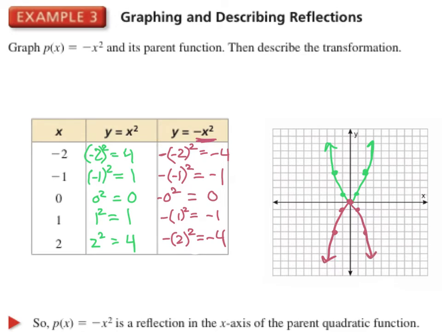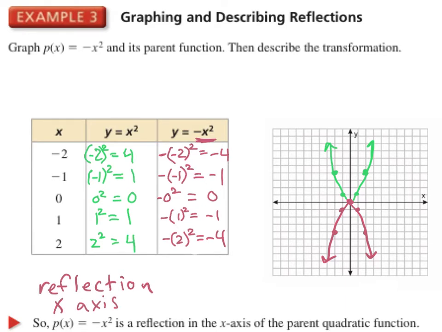So what type of transformation is happening here? A reflection. And to be more specific, what axis is our axis of reflection? The x-axis.